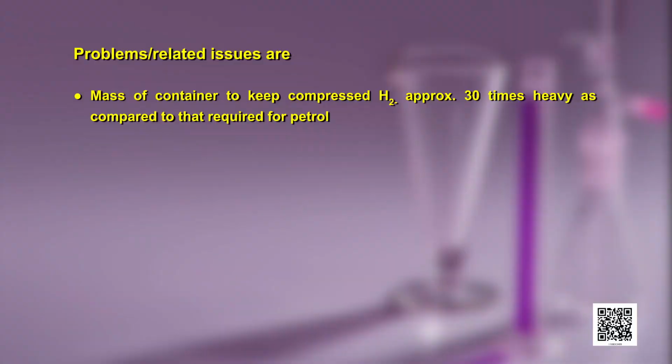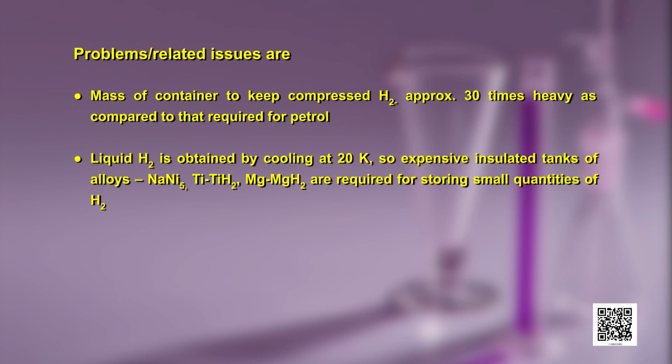The problems or the issues related to the use of dihydrogen as a fuel are the mass of the container required to keep the compressed dihydrogen, which is roughly 30 times as heavy as compared to the container required for storing the petrol. Another issue is use of liquid hydrogen.